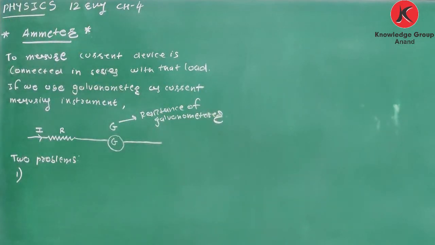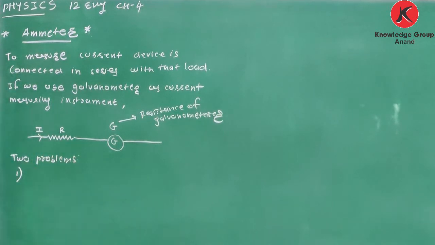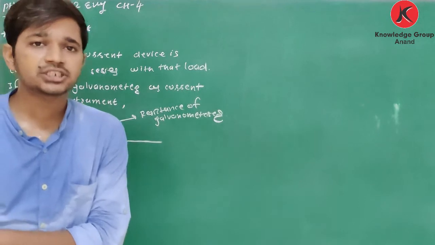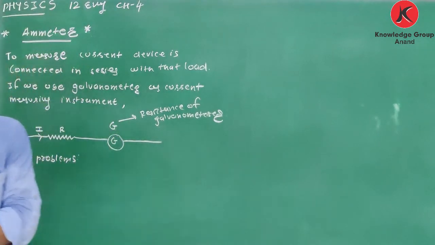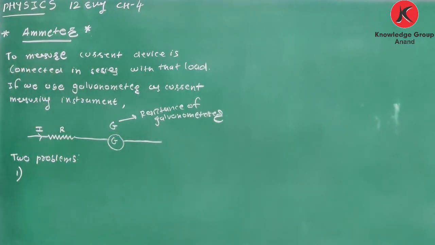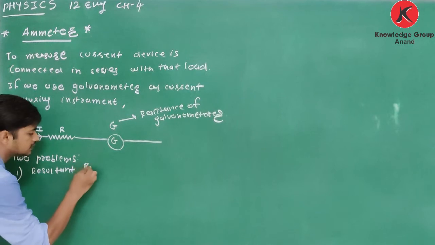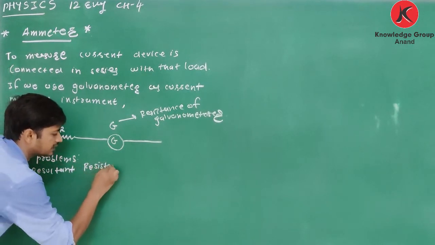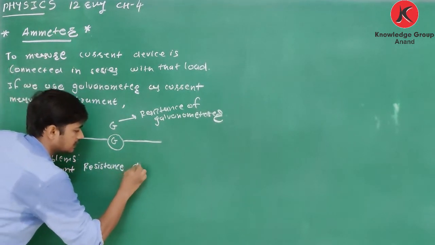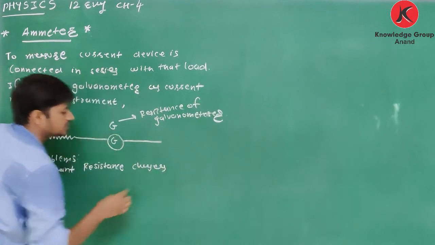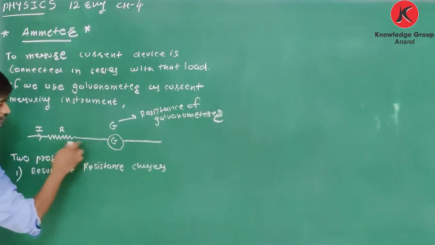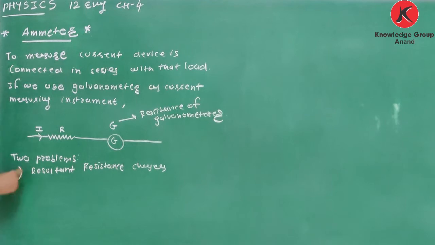As this resistance and the galvanometer are in series connection, we know that in series connection the equivalent resistance is larger than the largest. So the first problem is that the resultant resistance changes. If the total resistance changes, then obviously the current I also changes.